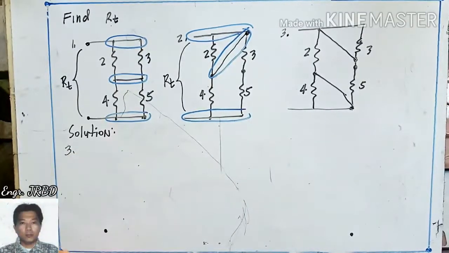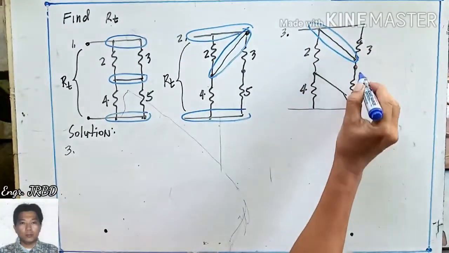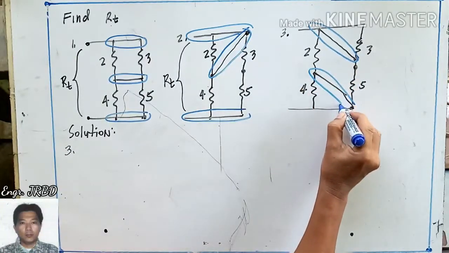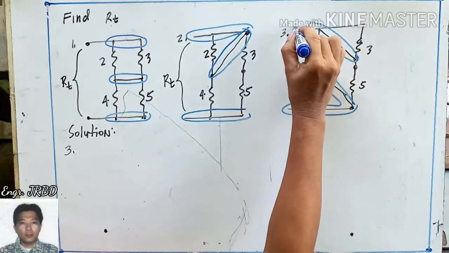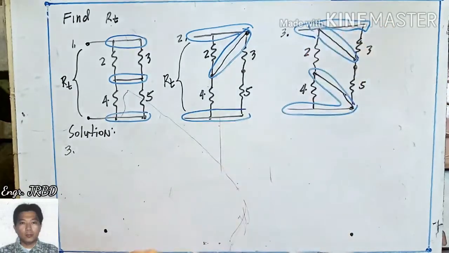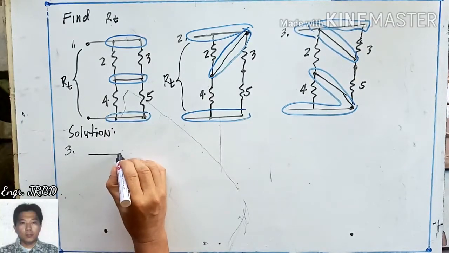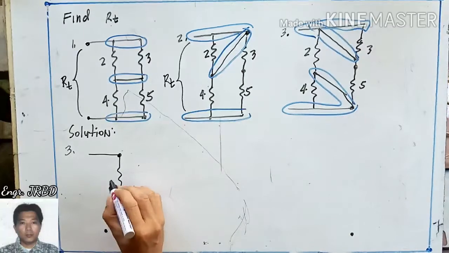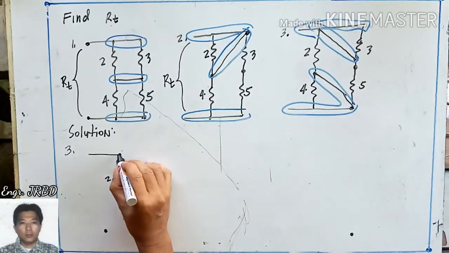Problem number 3. Just the same, we will try to compress this short-circuited part, as well as this. We compress these.